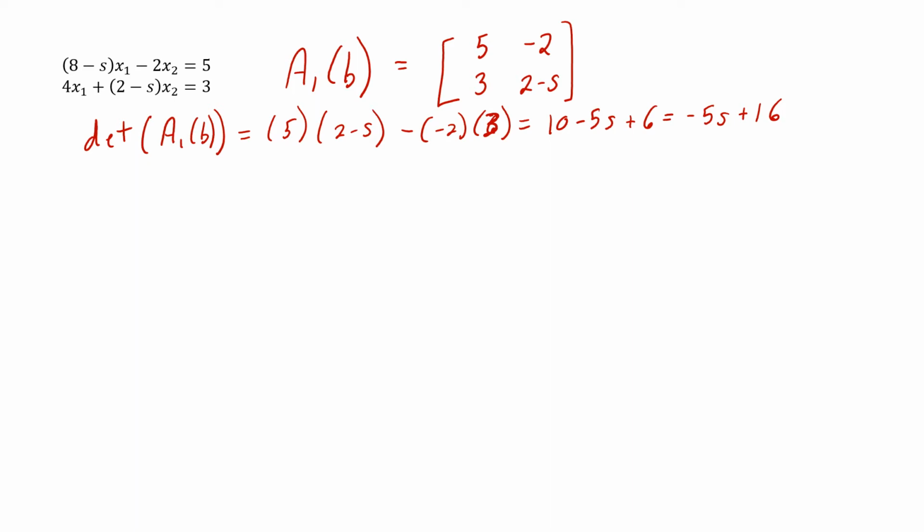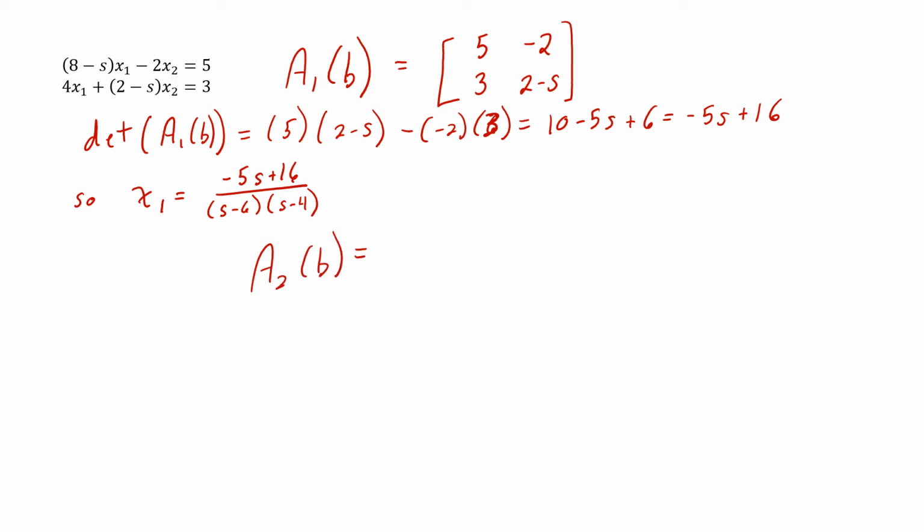So there's that determinant. Now that gives us a value for x1, which is that divided by the determinant of A: negative 5s plus 16 over s minus 6, s minus 4. So whatever you give me for s, I now have the value of x1 using Cramer's rule. What about the second one?